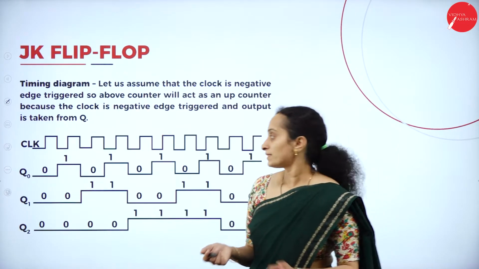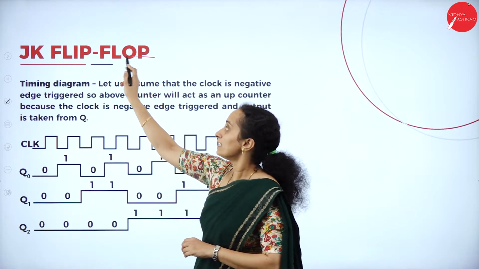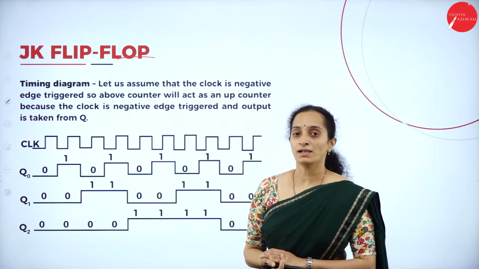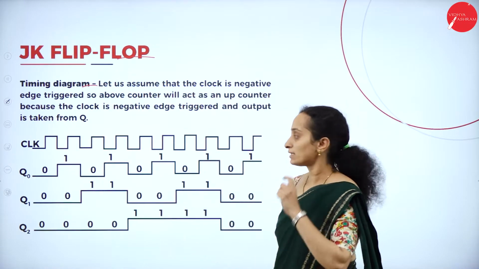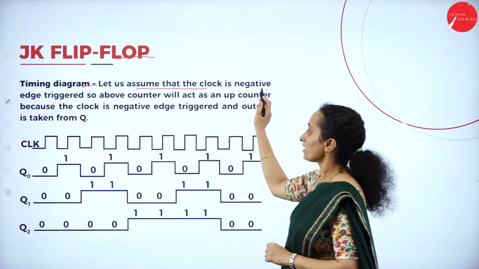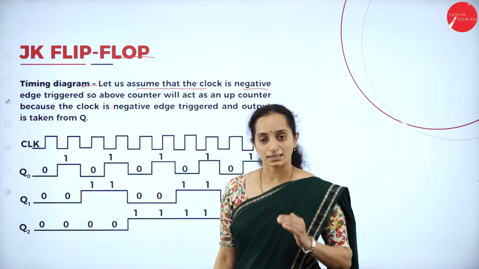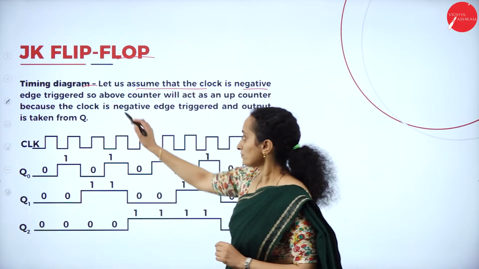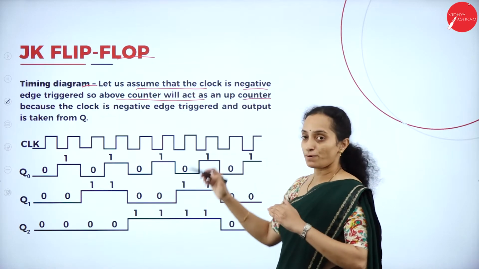Then we have the timing diagram using the JK flip-flop in the ripple counter. How do the pulses change? Let us assume that the clock is negative edge triggered. The negative edge is the lower state. So the above counter will act as an up counter.